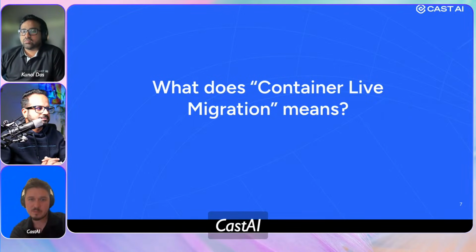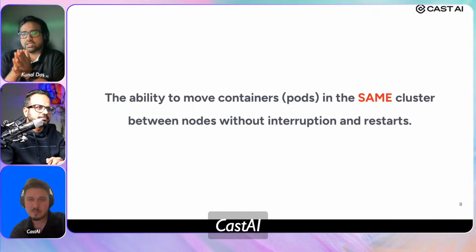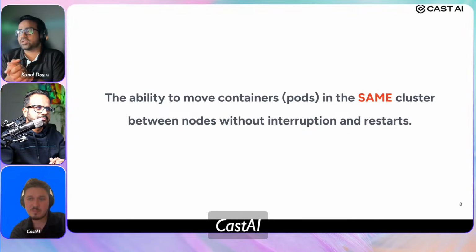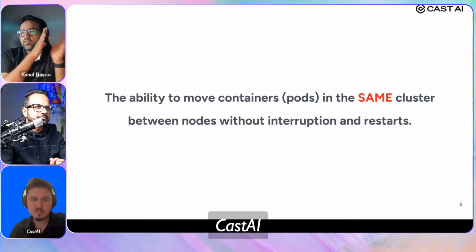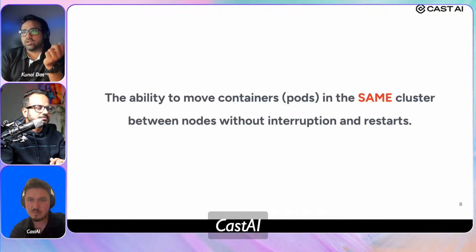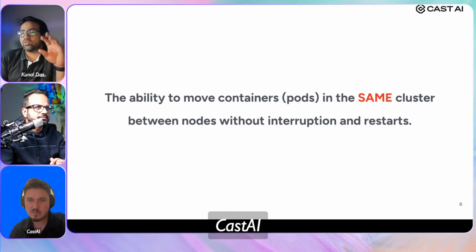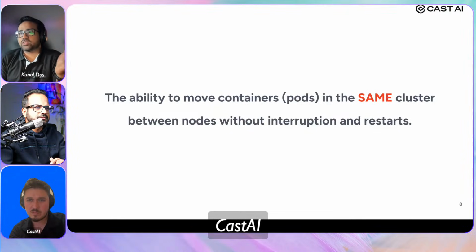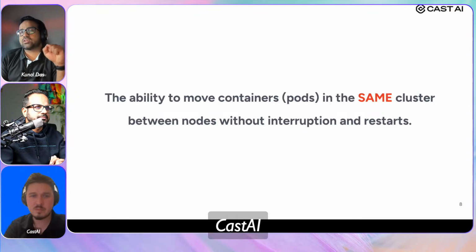So the question is, what does container live migration mean? By definition, it's the ability to move pods in the same cluster between nodes without interruption and without any restart. Say you have a pod running on node A and you want to move it to node B. Generally, we just kill the pod and create another one in node B. But in some sensitive workloads where you can't kill the pod, or there are batch processes going on, or you have a stateful pod that, if you kill it, the process will be gone and will restart again, you can use container live migration.